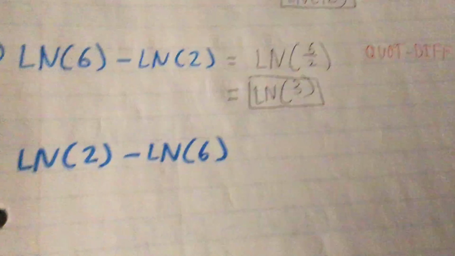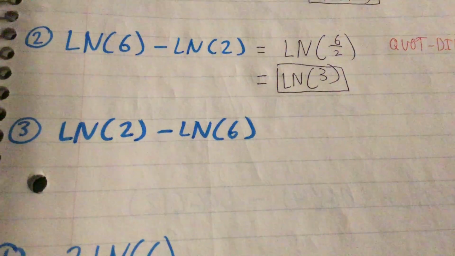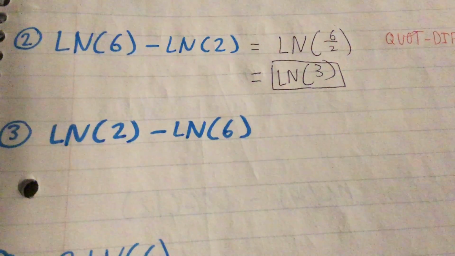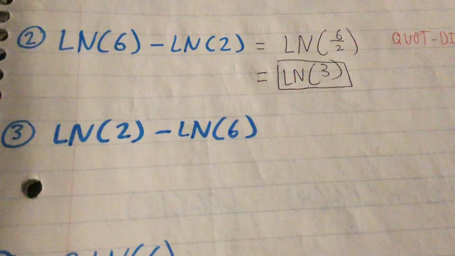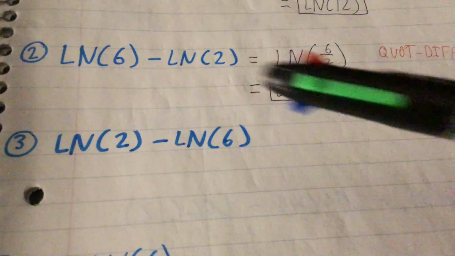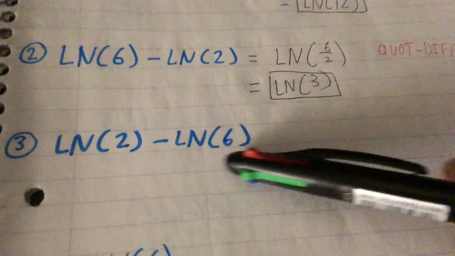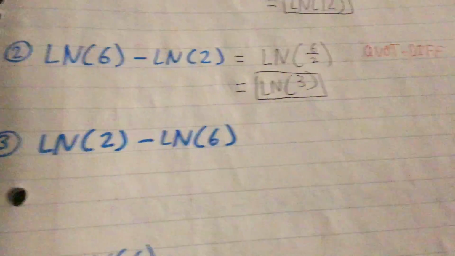Okay, now I'm going to switch it on you a little bit. Just to prove that we're flexible, the natural log of 2 minus the natural log of 6. What do you think is the difference between problem number 2 and problem number 3? This time, it's natural log of 2 minus the natural log of 6. In this case, the 6 goes in the denominator and the 2 goes in the numerator.